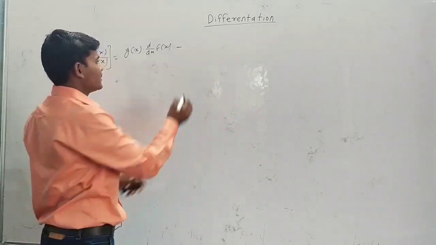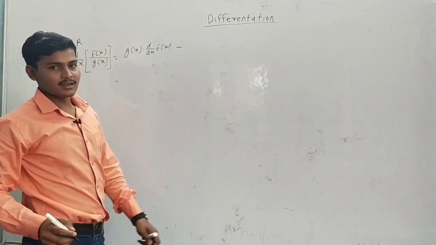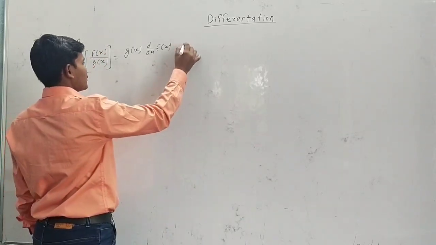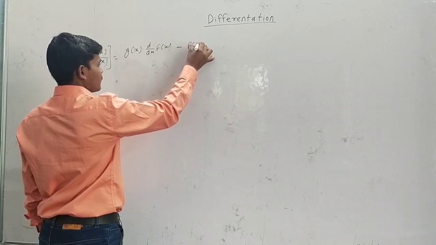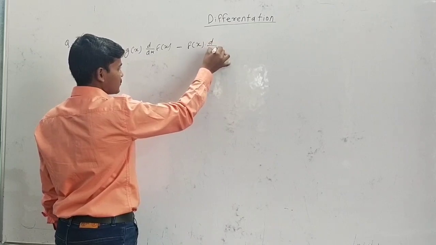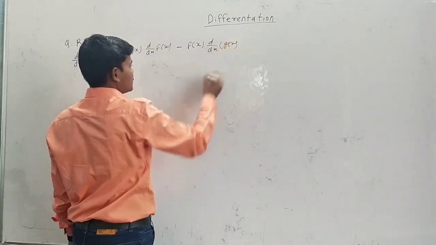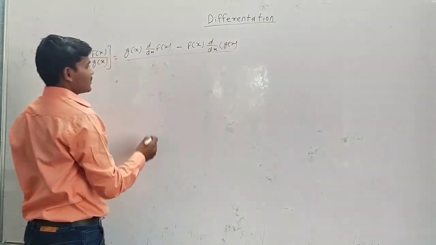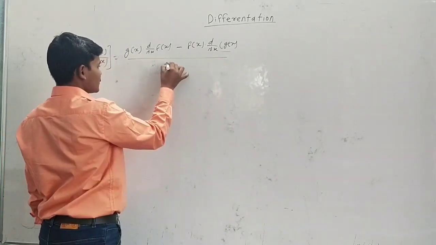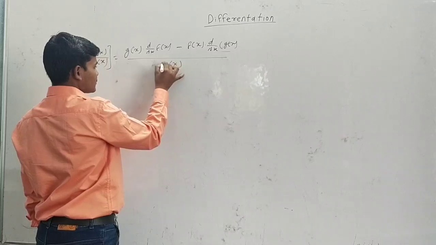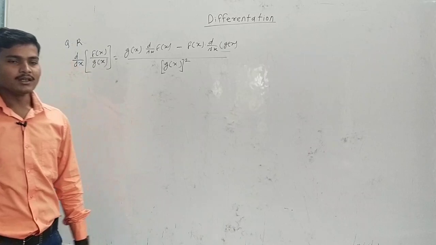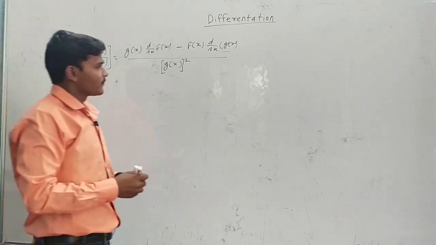Here the minus sign is there; in the multiplication we have seen the plus sign. Now f of x into derivative of denominator, that is dy dx of g of x, divided by g of x square. This is the quotient rule.